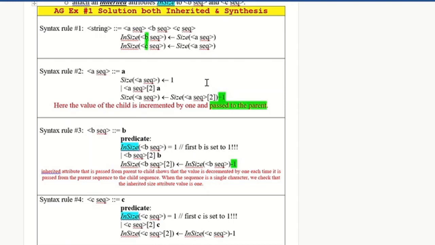Anybody know what it is? There's a dead giveaway in the syntax rule number 2 that it is using synthesis. It's not the left arrow, because there's other left arrows in 3 and 4. It is in that section with the left arrow.